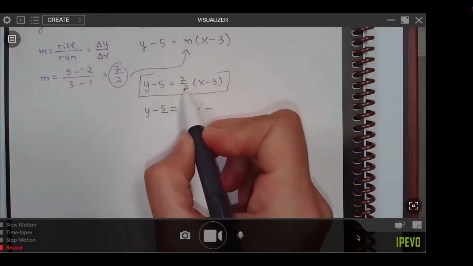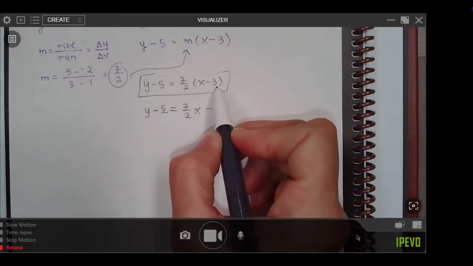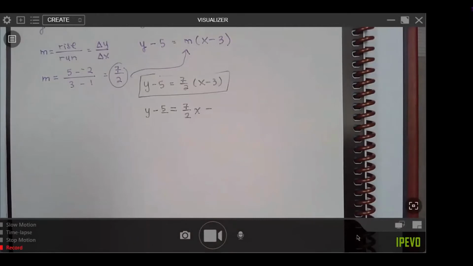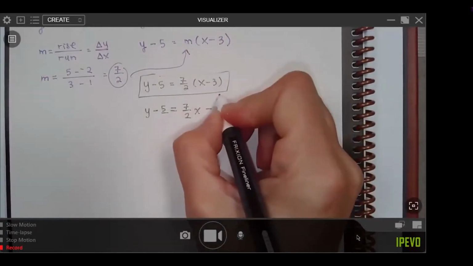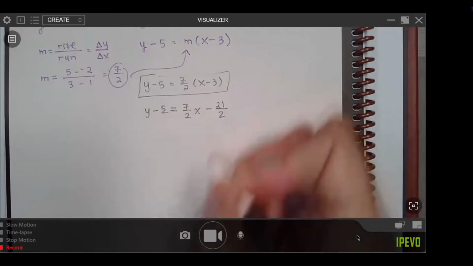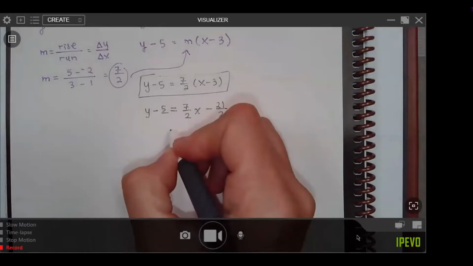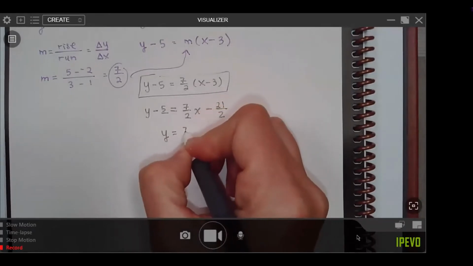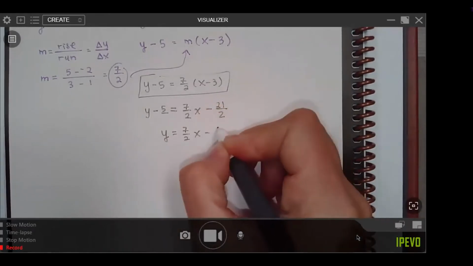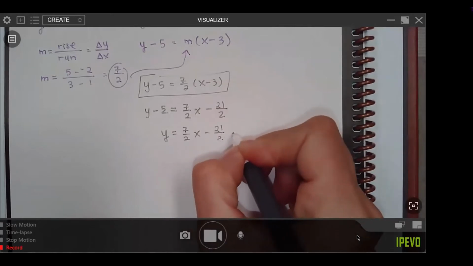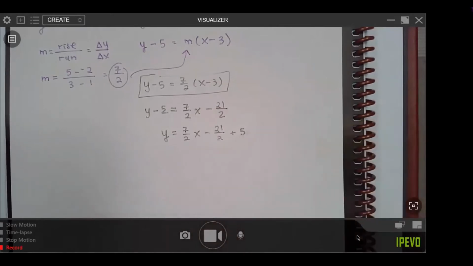So when I take that 7/2 and I distribute it in, that 3 is secretly a 3/1, which means I'm multiplying the numerators. So I'm going to have minus 21/2. Now, if I add that 5 over, then I'm looking at y equals 7/2 of x minus 21/2 plus 5.